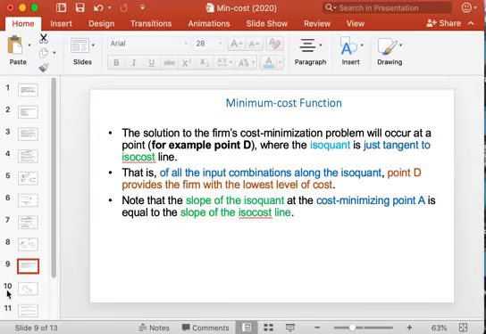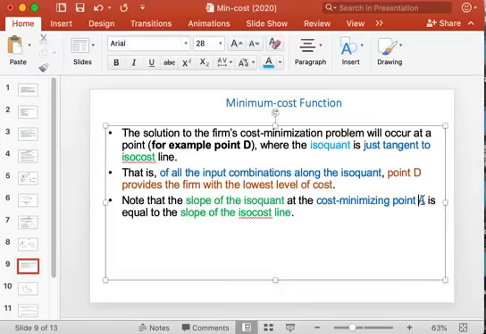So from this figure, what we can draw is that the slope of the isoquant at the cost minimizing point D is equal to the slope of the isocost line.